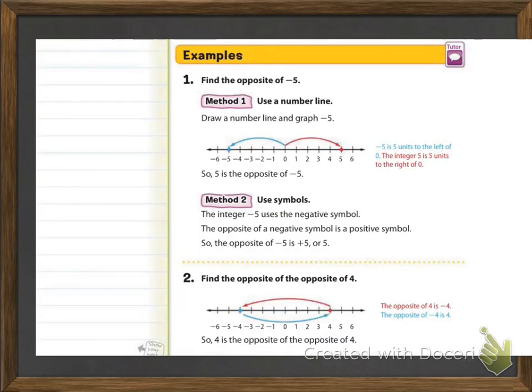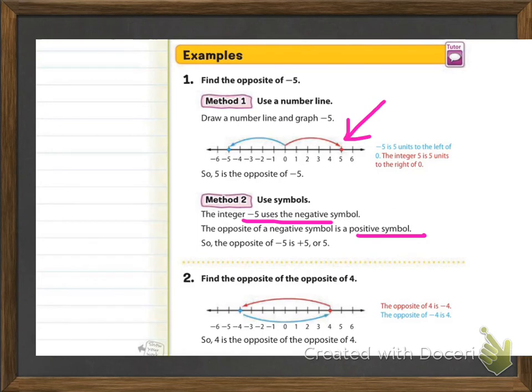All right. So question number 1 says, find the opposite of negative 5. Use the number line to draw the number line. This is the example that I just did for you. You can see the opposite of negative 5 would be positive 5, which is right here. And then method 2 says, use the integer negative 5, which uses a negative symbol. The opposite of a negative symbol is a positive symbol, which would be the plus 5.